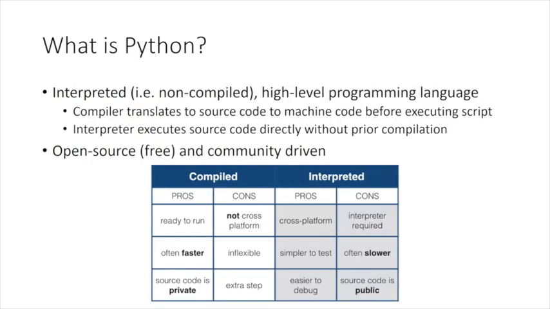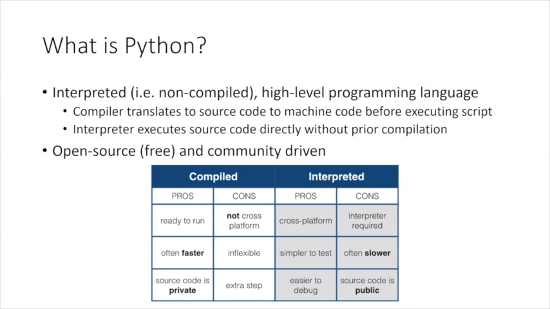So what is Python? Python is an interpreted, high-level programming language. For those that are unaware, the difference between a compiled language and an interpreted language is that a compiled language, such as C++, requires a compiler to translate the source code to machine code before executing the script.